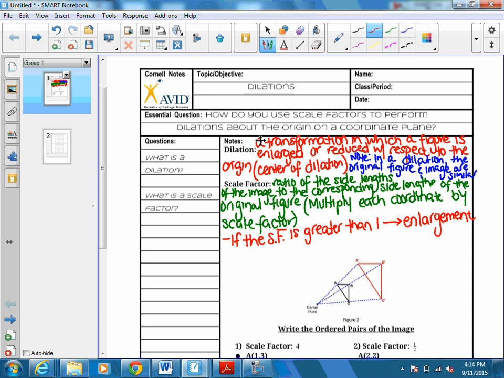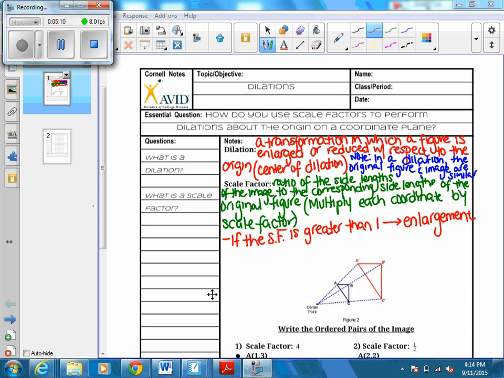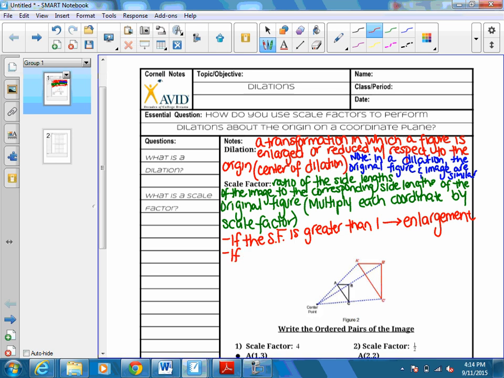If the scale factor is between 0 and 1, then it's a reduction.